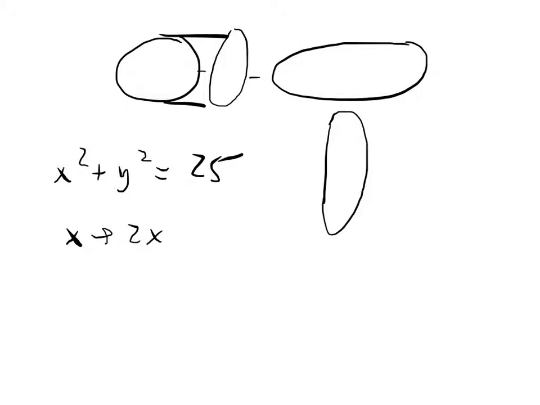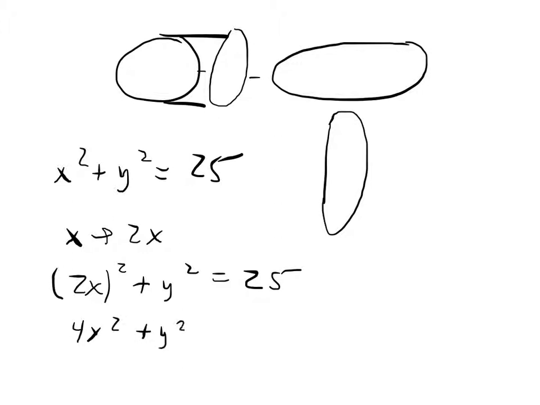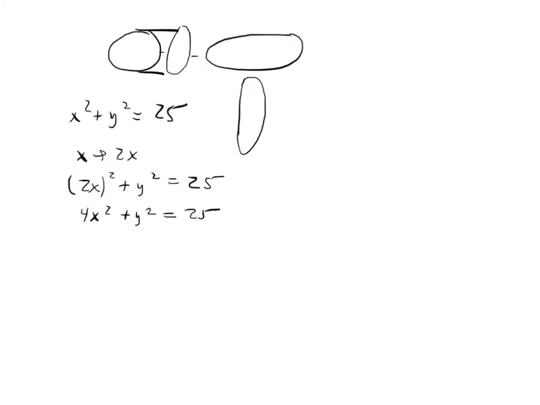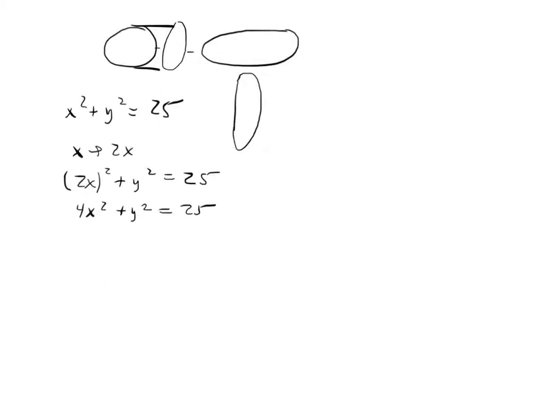perhaps a circle getting squished in, where your y's are going to kind of stay the same, but you're squished in on each side. So let's go ahead and algebraically look at that and say if we replace x with 2x, we get (2x) squared plus y squared equals 25, so 4x squared plus y squared equals 25. And now if I put this into the form of an ellipse, I'd like the right side of this equation to be 1.